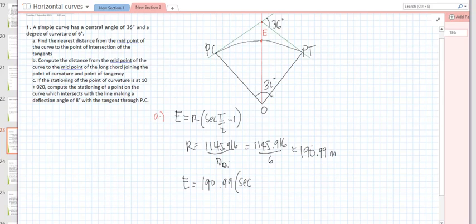This is 36. So 36 divided by 2 is 18 minus 1.